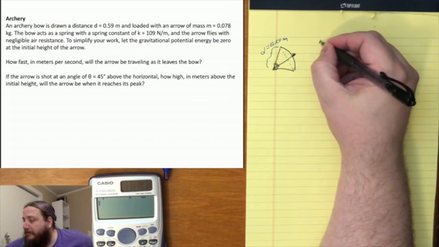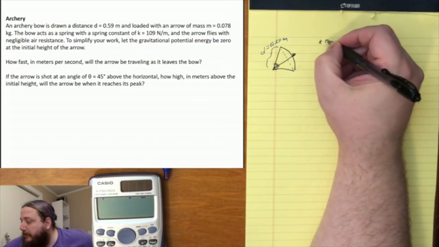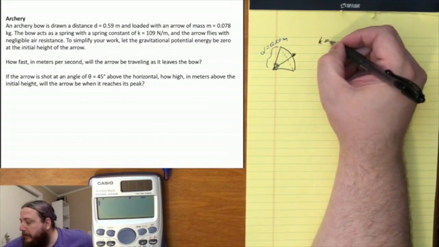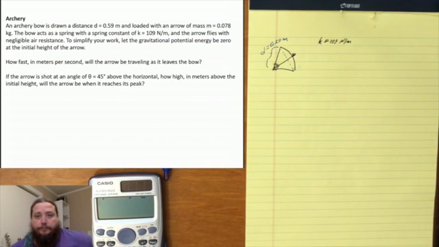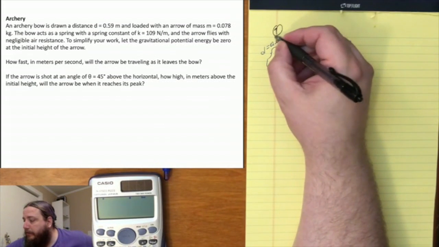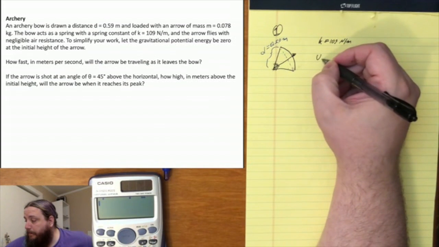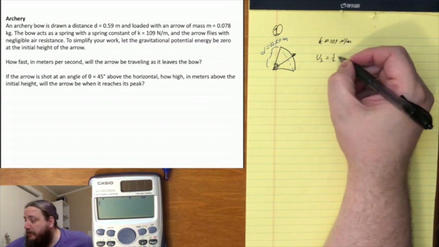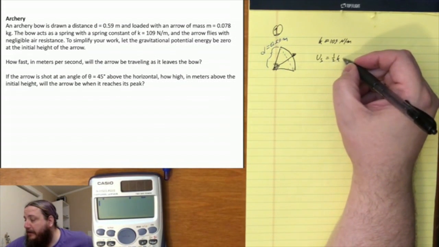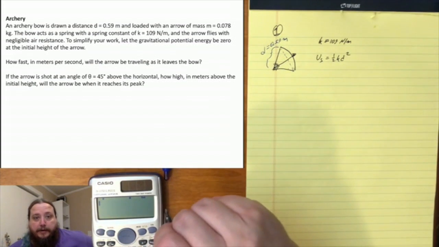And the spring constant, little k, is 109 newtons per meter. And if this is moment 1, then the energy at moment 1 is all spring potential energy, right? So it's 1/2 our spring constant k times our distance d squared.